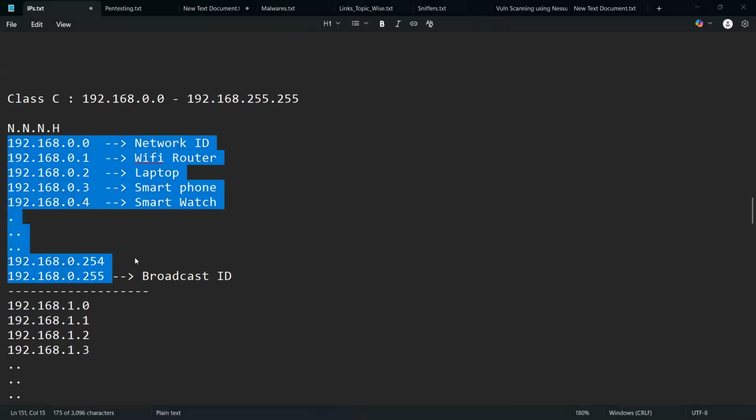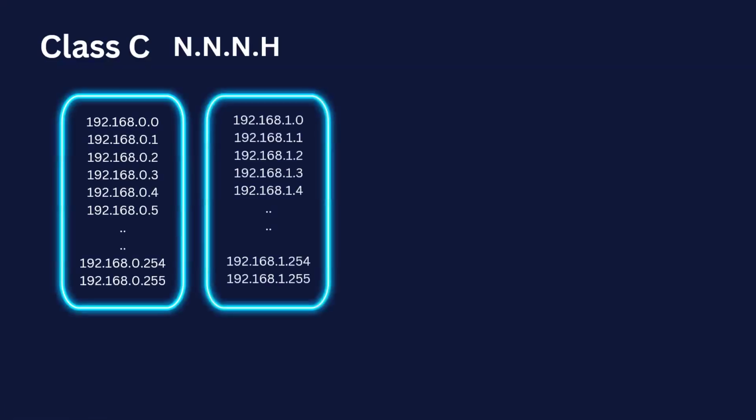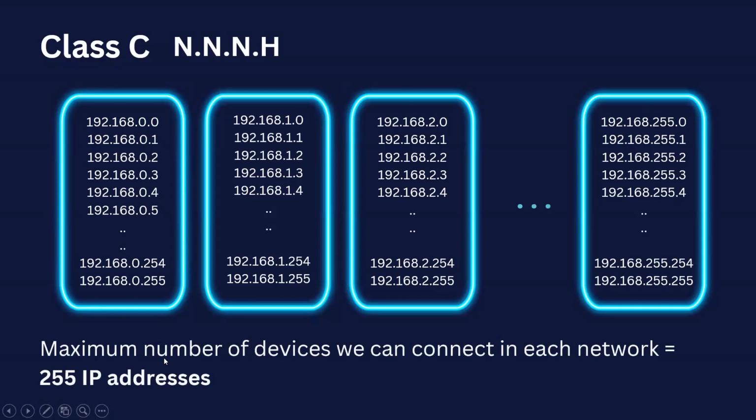So if I go back to the presentation slide, in every network here, if you notice, 0.0 to 0.255, 1.0 to 1.255, 2.0 to 2.255, each of these is a separate network. And in each network, we can connect a maximum of 255 hosts. That's the significance of class C with one host portion and three network portions.